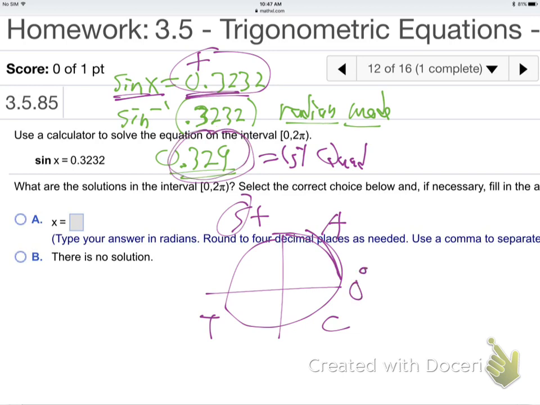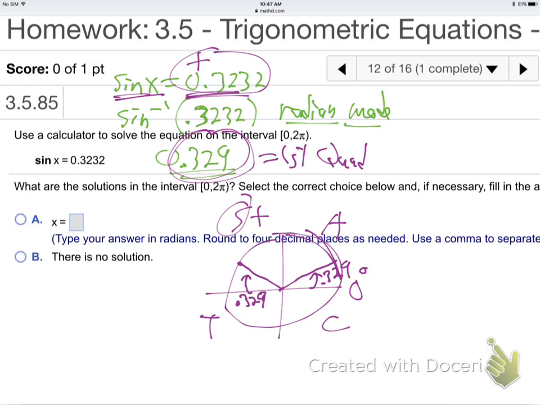Remember, we all start this from 0? So when they say 0.329 in the first quadrant, they mean 0.329 off the 0. So you likewise do 0.329 off the x-axis in the second quadrant, because there's a sine answer in the second quadrant.